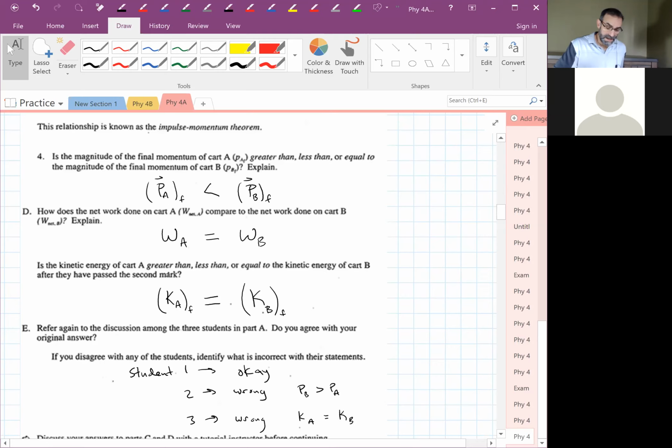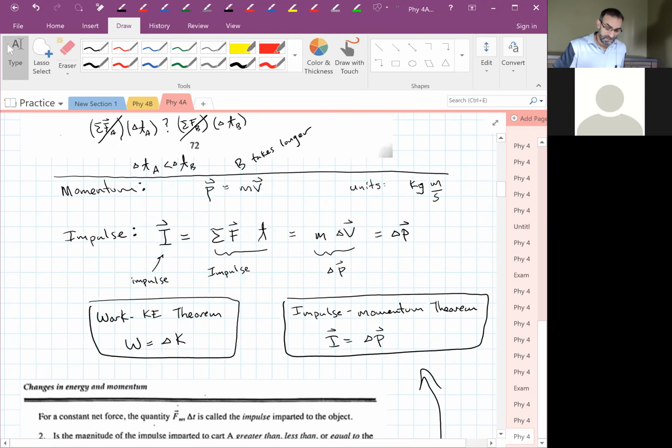What we're going to find, I'll just give you a little preview, is that momentum and energy can be used sort of in similar cases. But the key is that there are going to be instances where we can't use energy and we think, oh, how are we going to solve this problem?